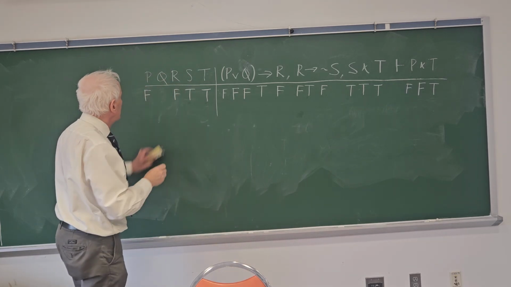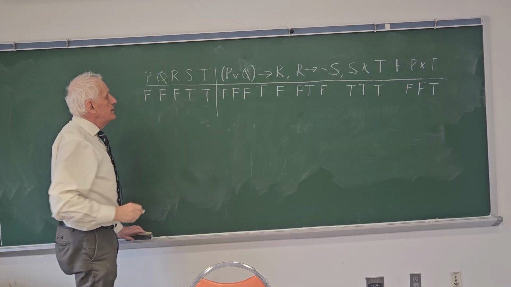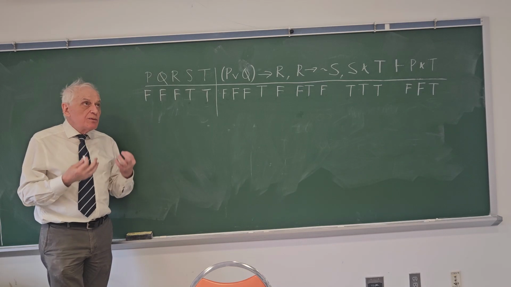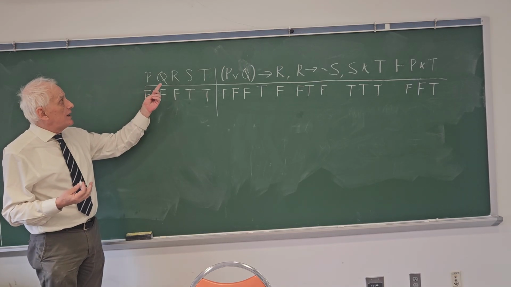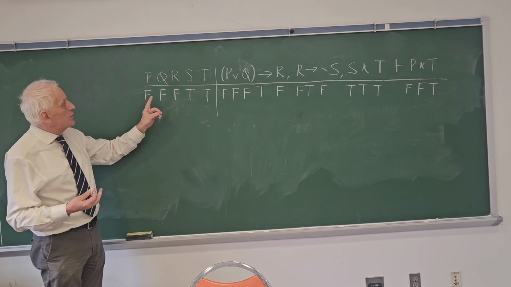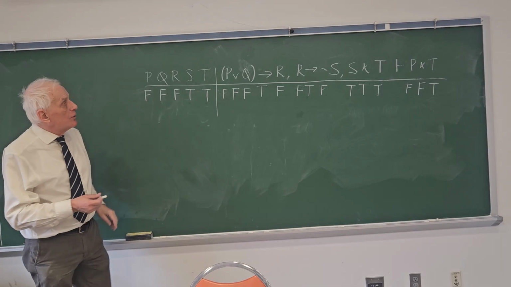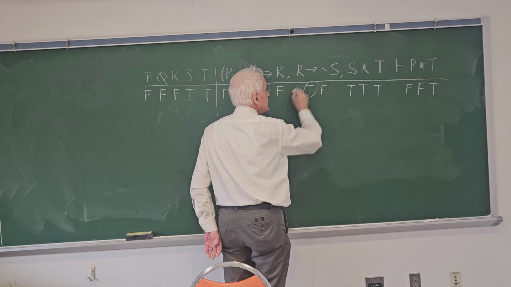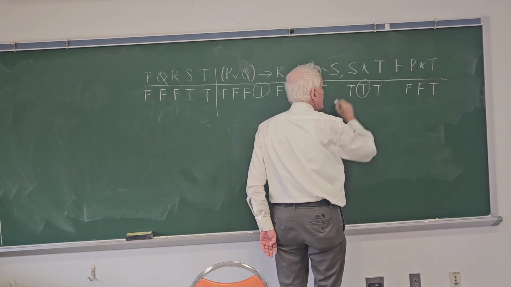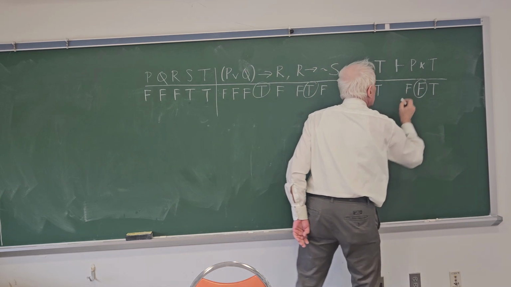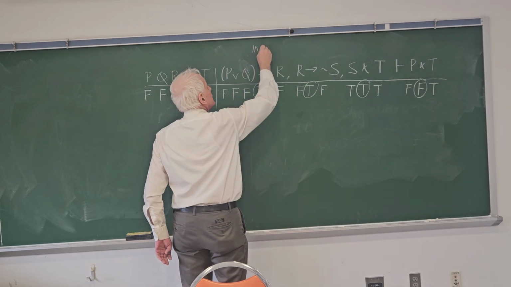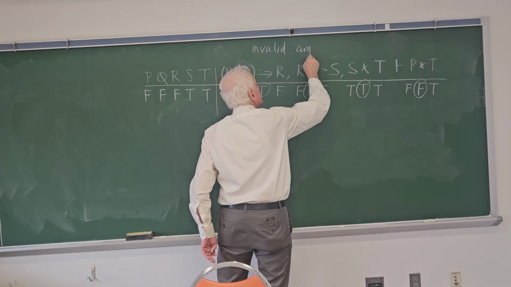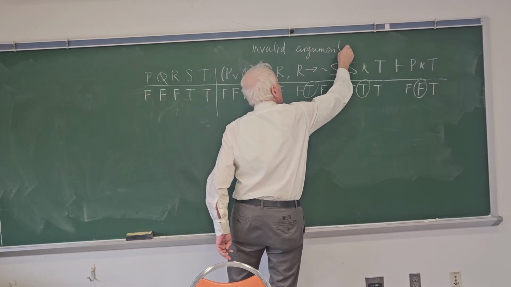And so finally, we can put in this F here, and we have now found an assignment of truth values to P, Q, R, S, and T, namely false, false, false, true, true, on which the first premise is true, and the second premise is true, and the third premise is true, and yet the conclusion is false, and so this is an invalid argument, or an invalid sequent representing an invalid argument.